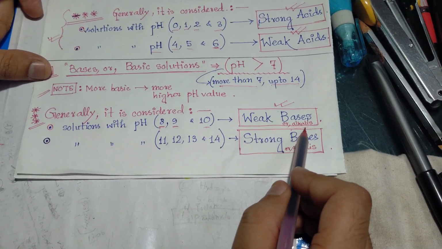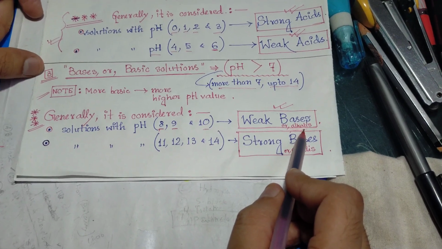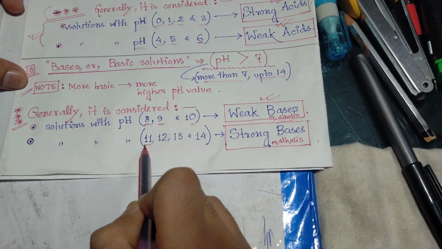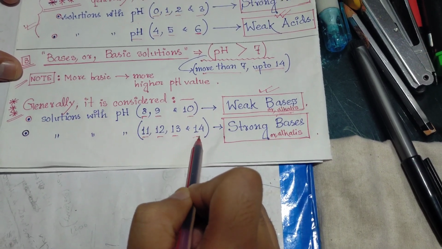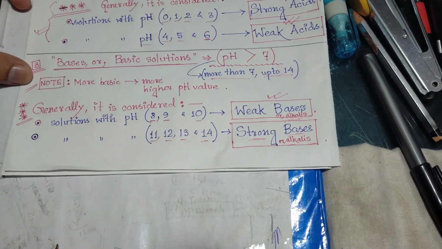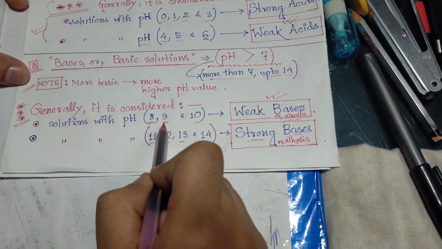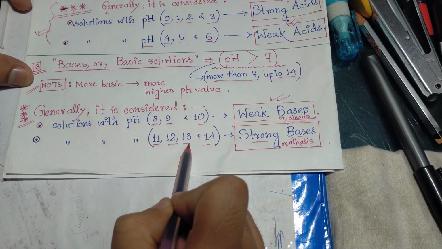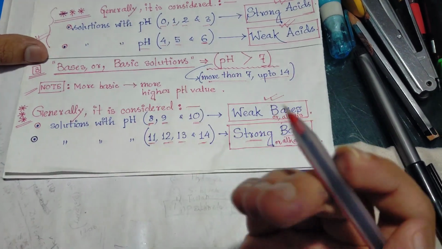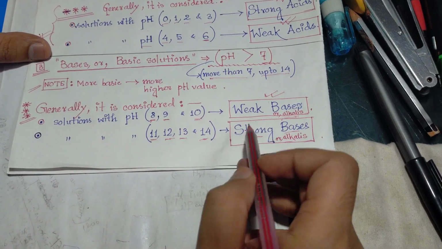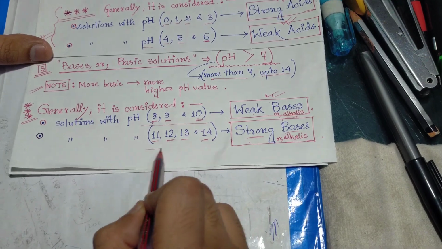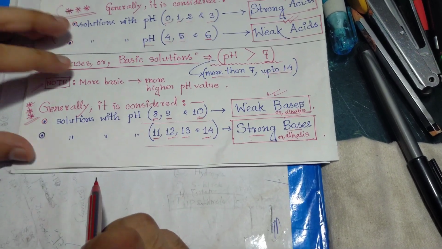Here we can use the two names, bases or alkalis. Okay students? And solutions with pH values 11, 12, 13 and 14 are very strong bases or alkalis. So all these values, 8, 9, 10, 11, 12, 13, 14, are more than 7. Obviously all these are bases. Here is a classification between weak bases and strong bases at such specific pH values.